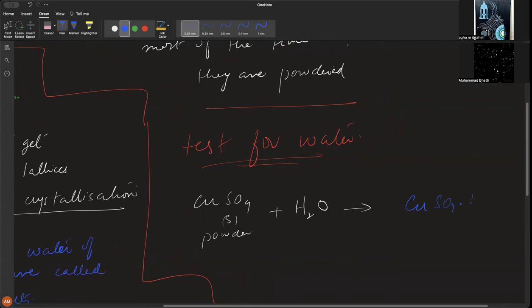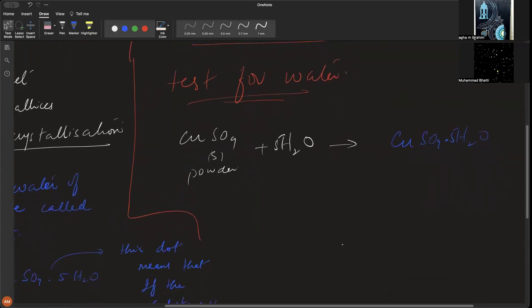Going to turn blue. You understand? Now this has become anhydrous. It tells for water.